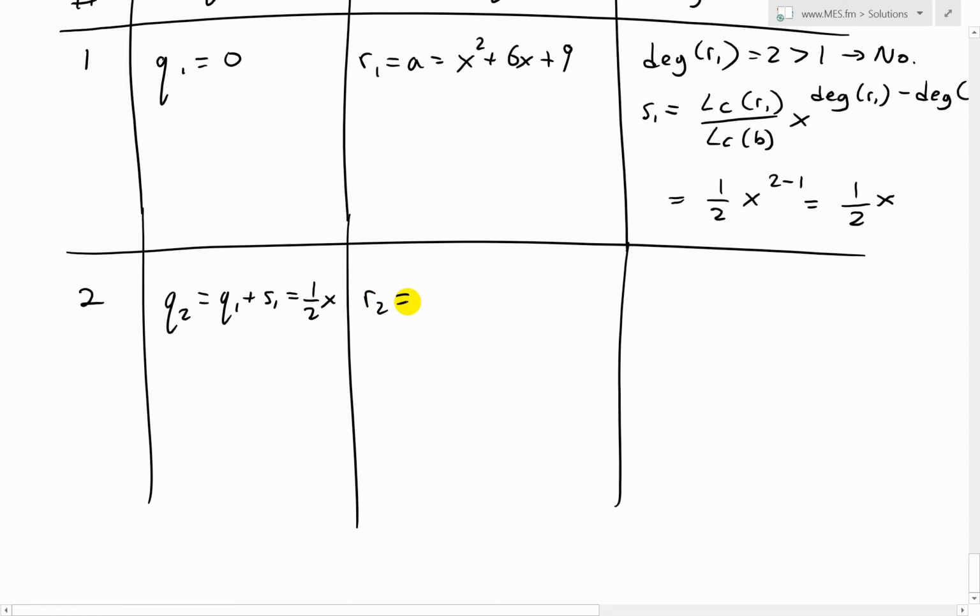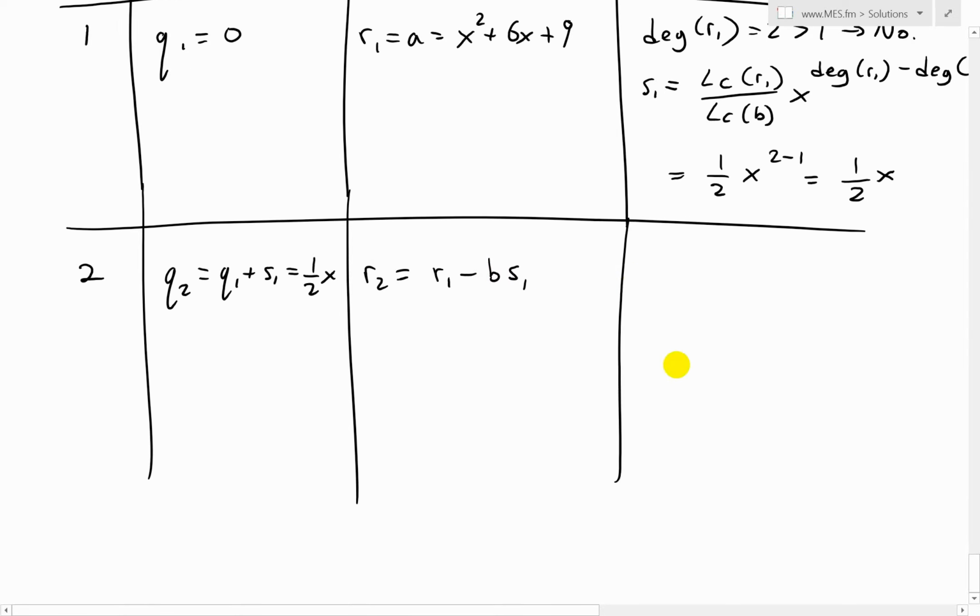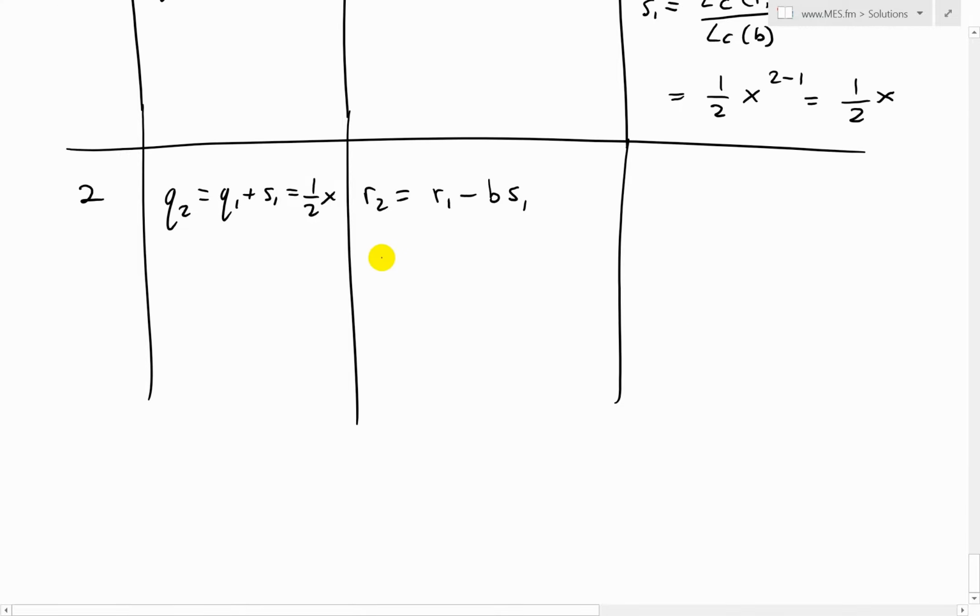is going to be equal to R1 minus B S1, like that. Again, you can plug in those values there and you'll get the same thing. Actually before I do that, I'm just going to expand this out. So B is just 2x plus 2, and then S1 is 1/2 of x.